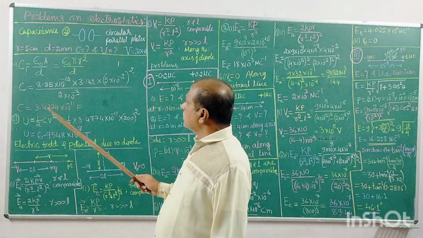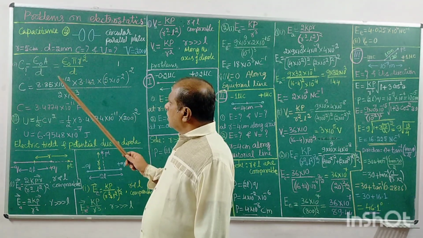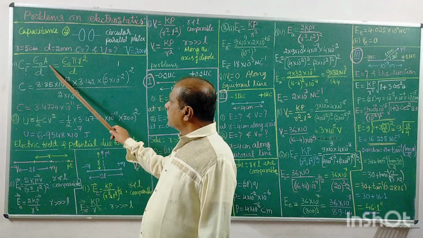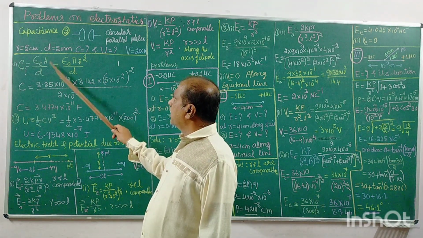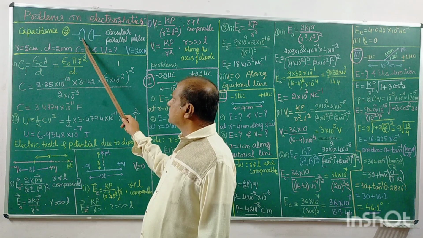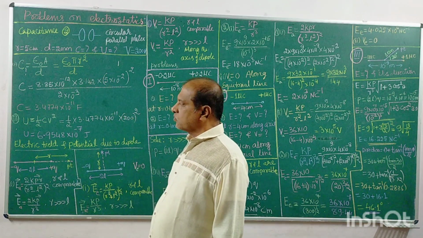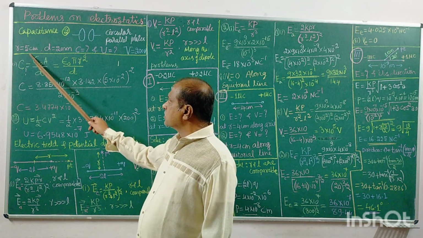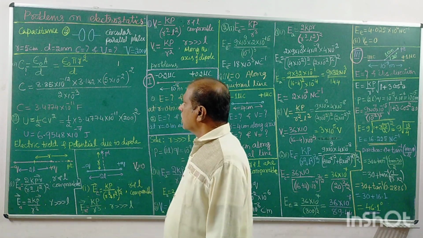The given data says that area is not given directly. Instead, the radius of the surface is given. Both surfaces are the same. This R is the radius of the surface, 5 centimeter.